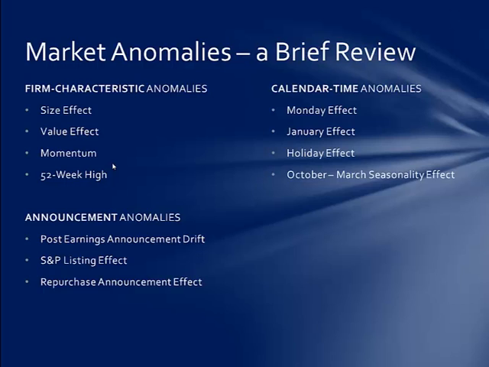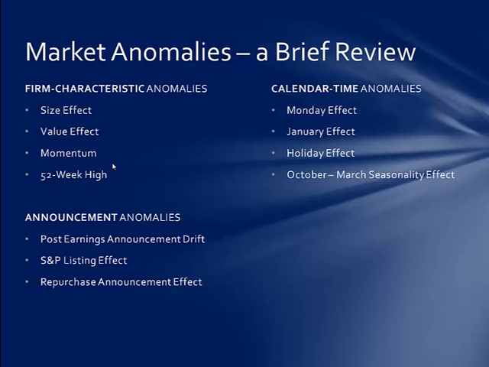Some of the more widely known announcement anomalies are post-earnings announcement drift, that following an earnings surprise, in other words, following an earnings announcement that is different from consensus analyst estimates, not only do we get an immediate stock price reaction, but we get a drift in that same direction over the next 60 days.